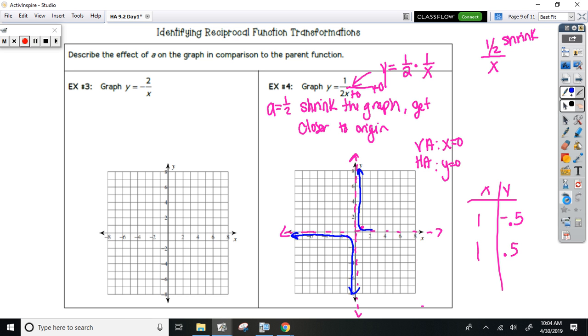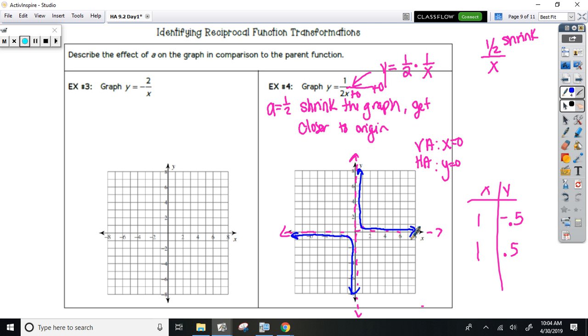Then they're all going to look pretty much the same. They're going to have the two branches. Now the one that we didn't do here, it would have been a reflection, so they would be in the different quadrants because of the negative. But as long as you have your horizontal and vertical asymptotes, and this sketch is pretty good, you're fine. It doesn't have to be exact or perfect.